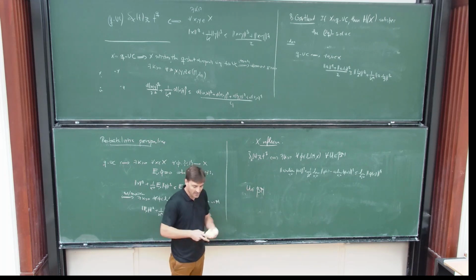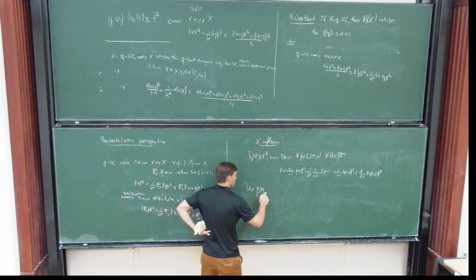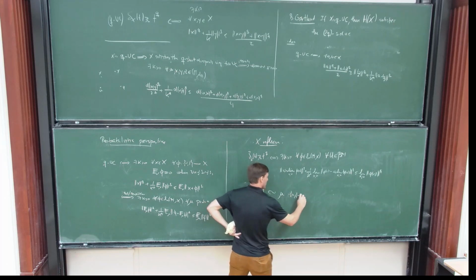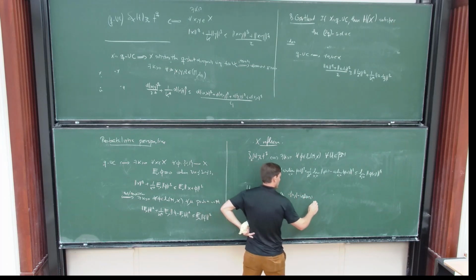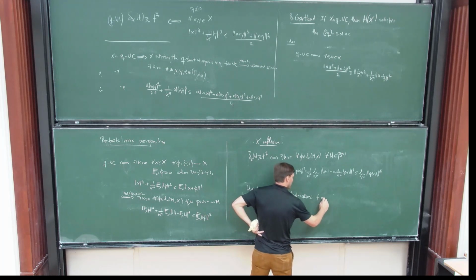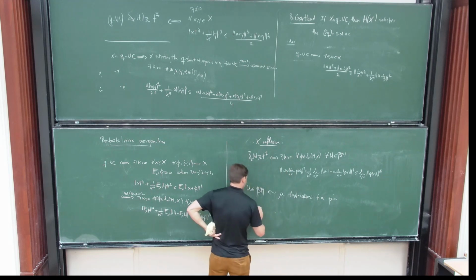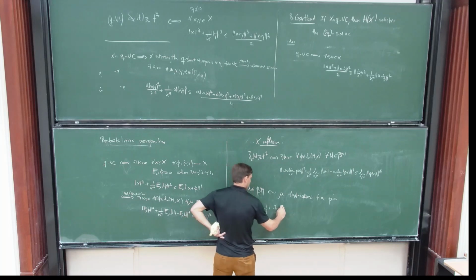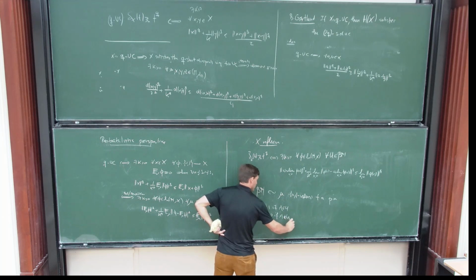And if you have an ultrafilter, every set is either in the ultrafilter or not. So it tells you if a set is big or not. Okay? So when you have an ultrafilter, you can associate a 0, 1 valued, Boolean, finitely additive probability measure, by just saying that mu of A equals 1 if A is in the ultrafilter, and 0 if A is not.